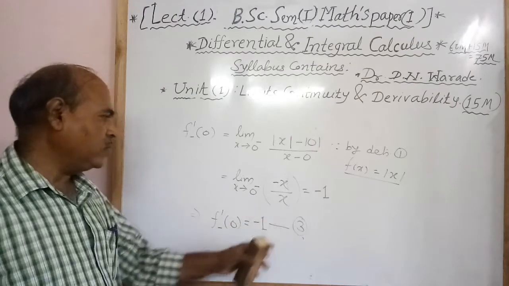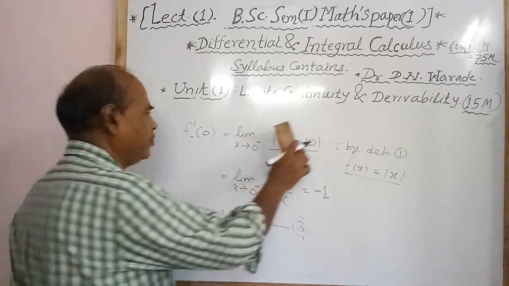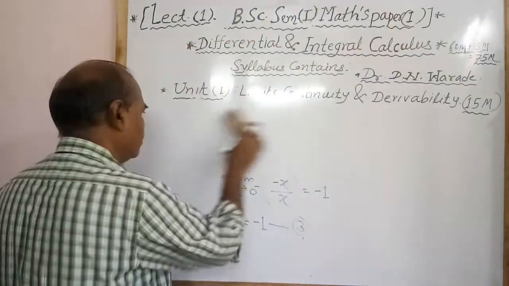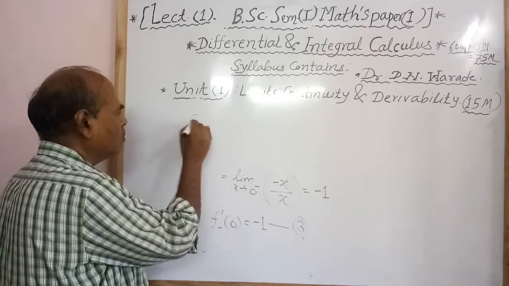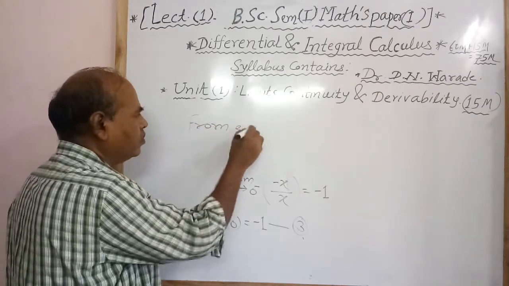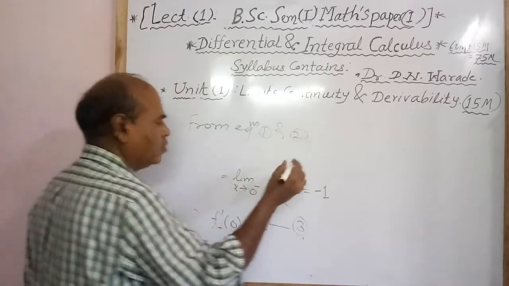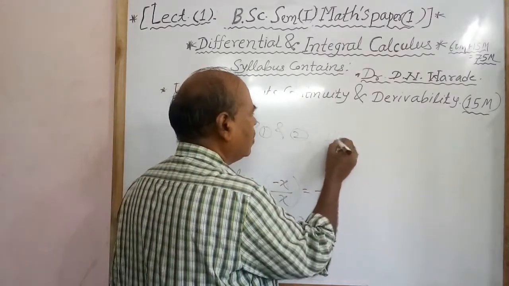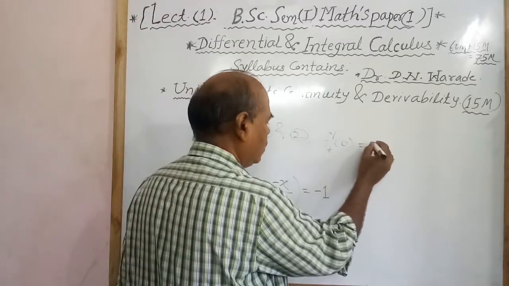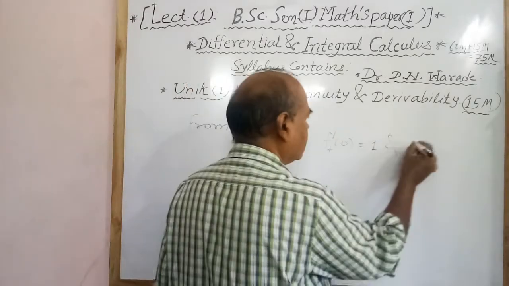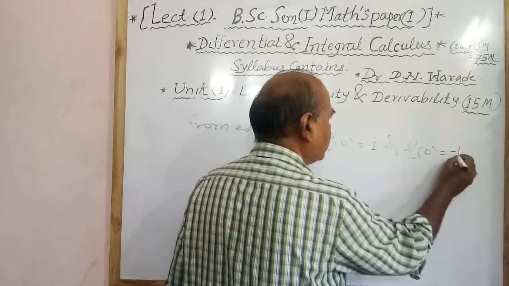Now from equations 2 and 3 we can combine the two derivatives. f dash of 0 plus equal to 1 and f dash of 0 minus equal to minus 1.